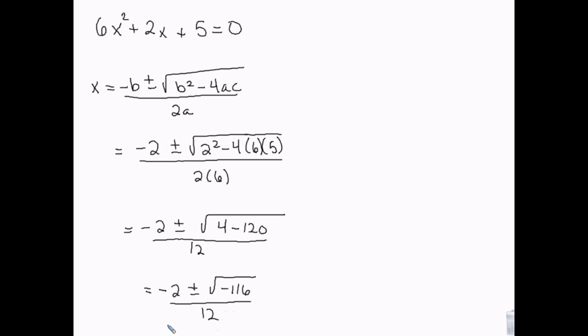Depending on the situation, okay? If no imaginary numbers are allowed, then your answer is no solutions.